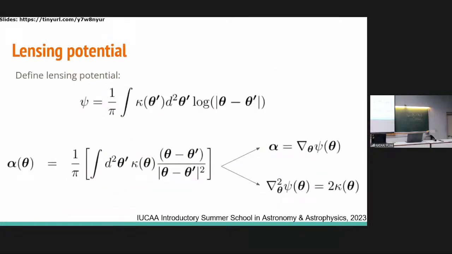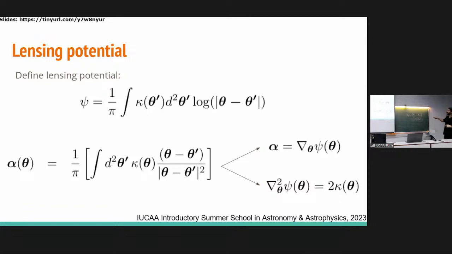Okay, let's move further. It turns out that rather than doing these complicated vectorial integrals, you can always simplify the problem by writing it in terms of something called a lensing potential. So let's look at how it works.